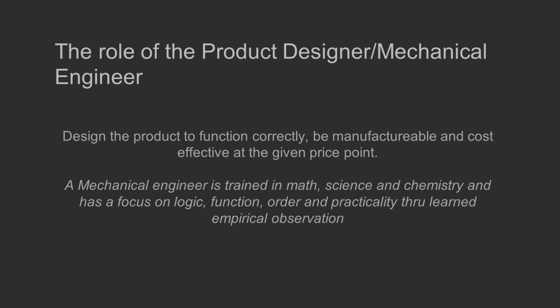The ME is usually trained in math, science, and chemistry, and their focus is on logic, function, order, and practicality through their experience and through learned empirical observation. In other words, in the face of innovation and its potential risks, the ME is responsible to deliver.